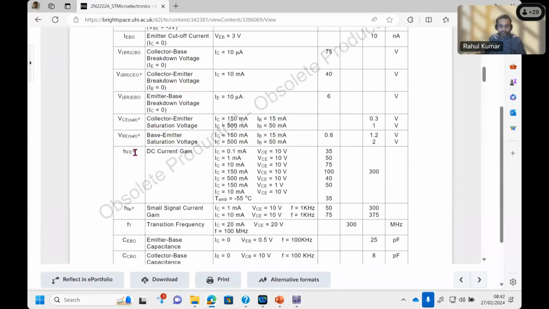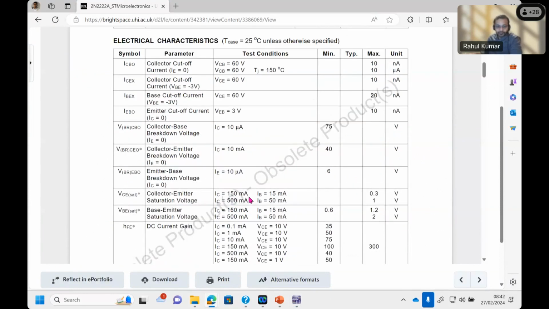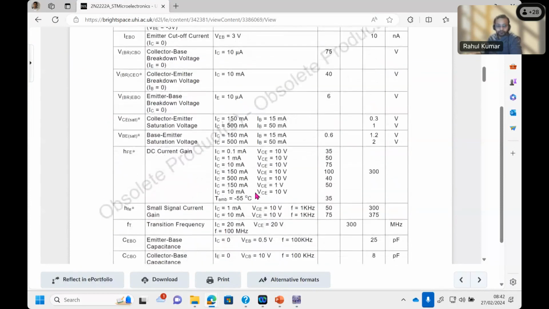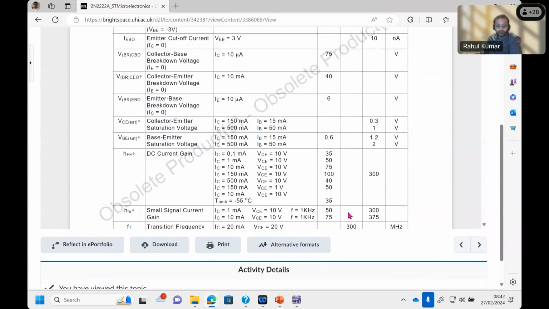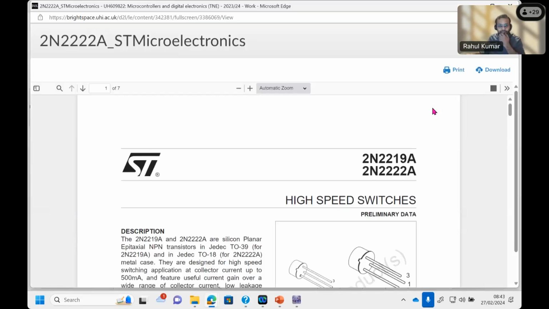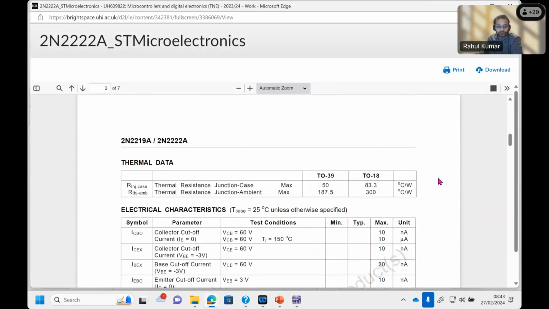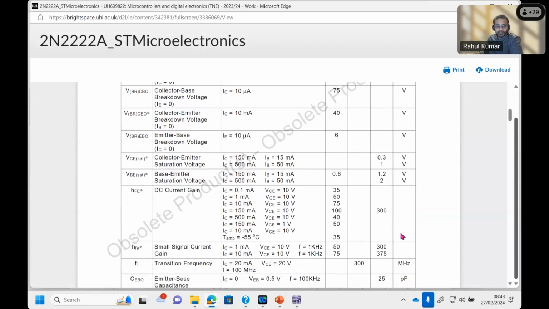So we will be interested in this one, DC current gain, not the small signal current gain. DC current gain again depends on the value of collector current. I'm just trying to zoom in, but I hope you can see it. Let me go in like that, so that it is a little bit more clear.